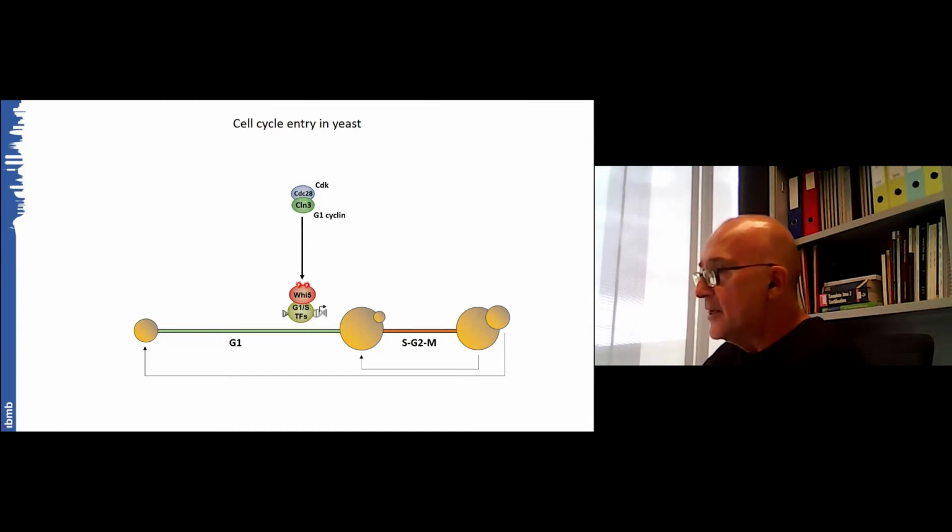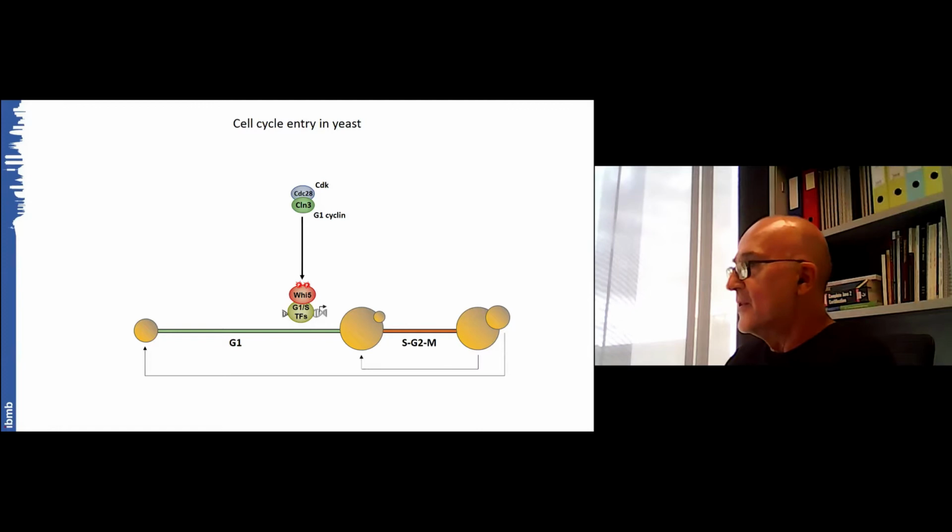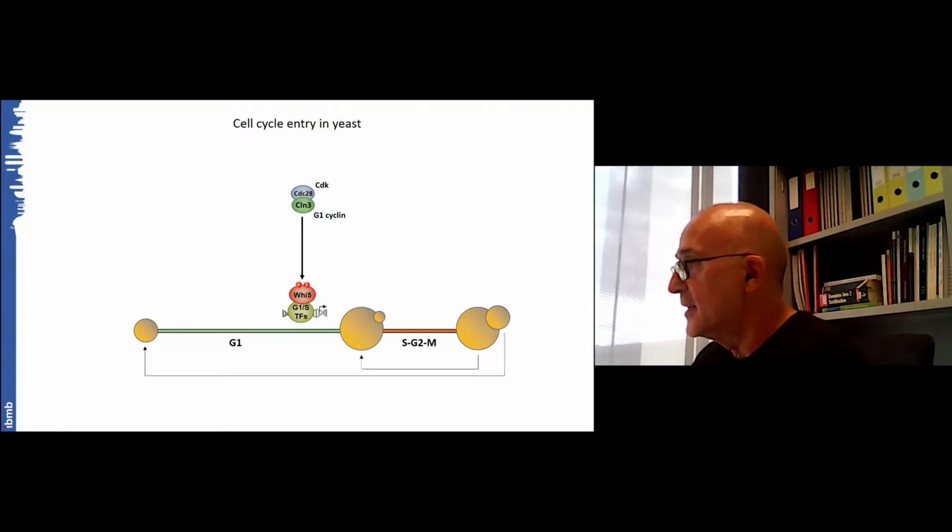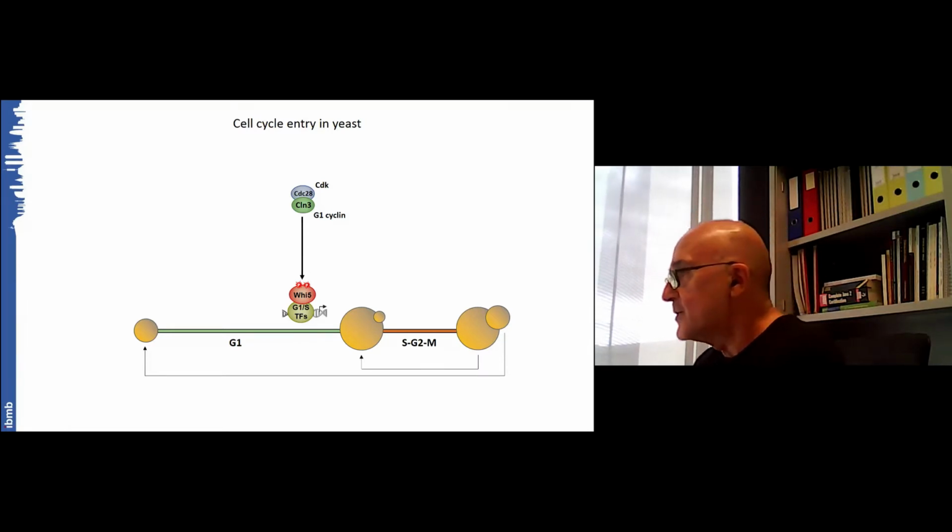But very early, when these cyclins were characterized, we learned that the levels of these G1 cyclins do not change much throughout the cell cycle. So in fact, they're called cyclins because structurally those proteins have all the attributes of other cyclins, and they activate the CDK, of course, but the levels don't change much.